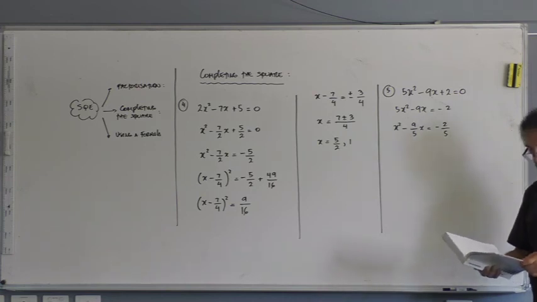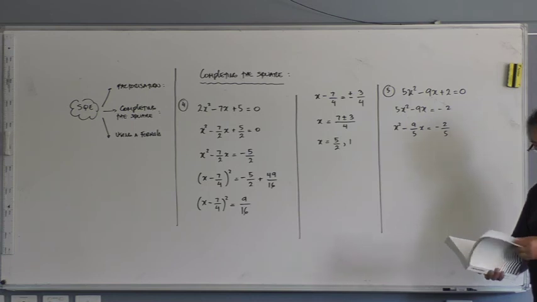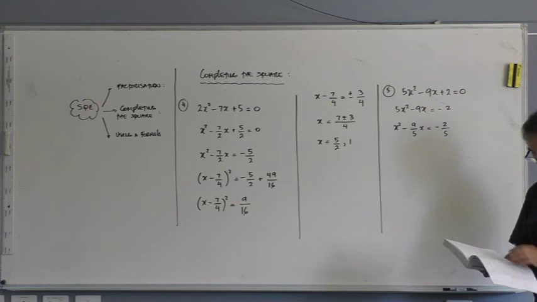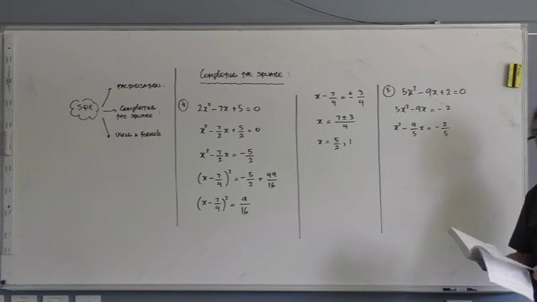And then you are ready to do exercise 4.5. Can you please write that down? You're going to be ready to do exercise 4.5 and then 4.6. But from 4.6, I want you to do only question 3. Pay attention.